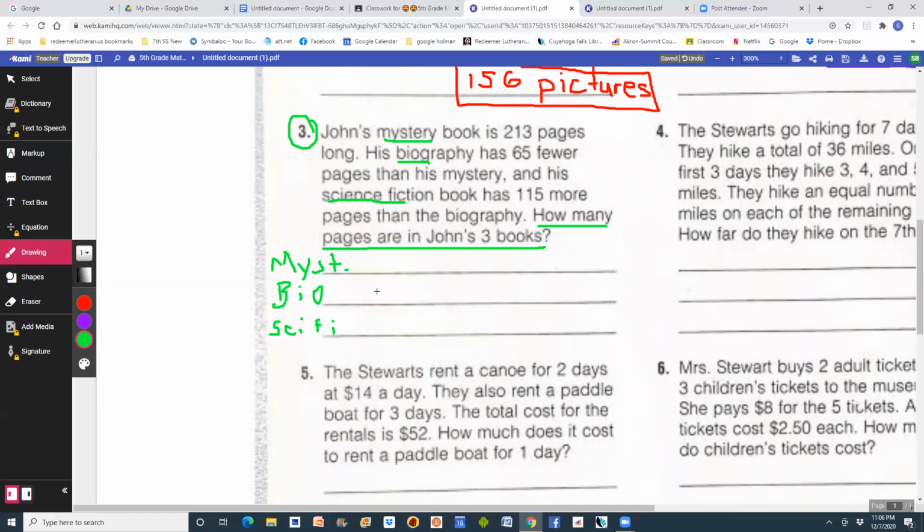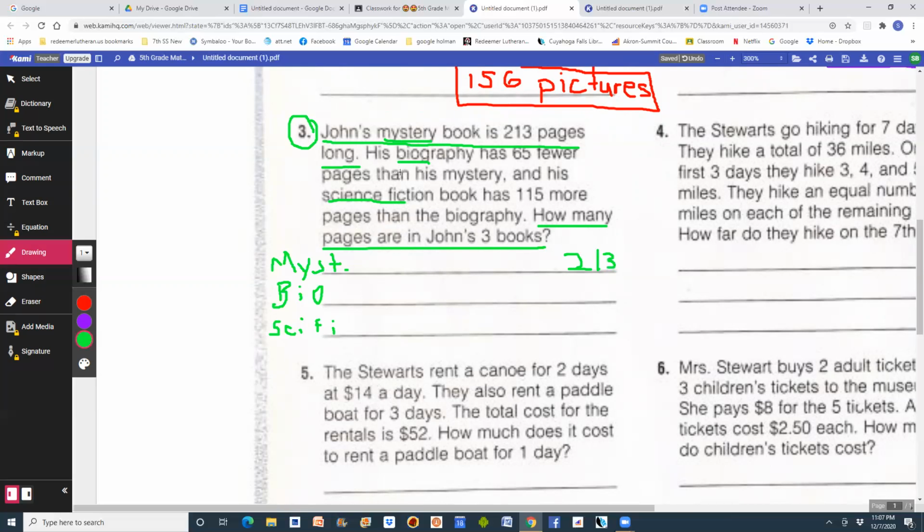So let's see if we can figure out how many pages are in each one. Okay, John's mystery book is 213 pages long. Well, that's pretty straightforward, 213 pages. I'm going to have to add these 3 books up, and the other 2 are going to be more complicated. So I'm going to put the 213 over here, so I'm ready to add it.